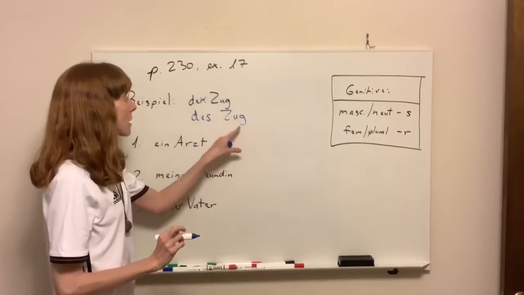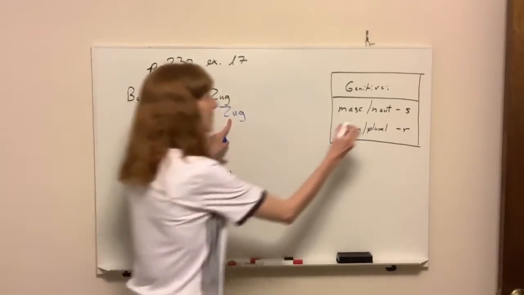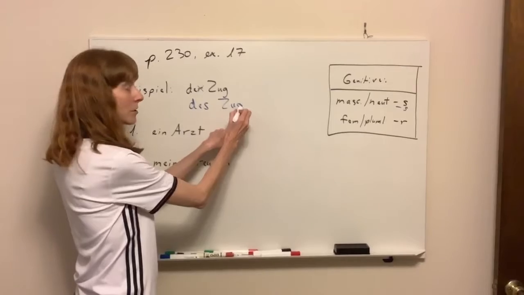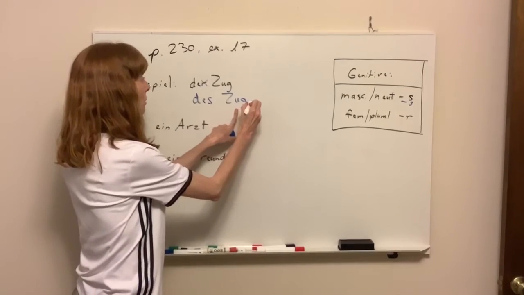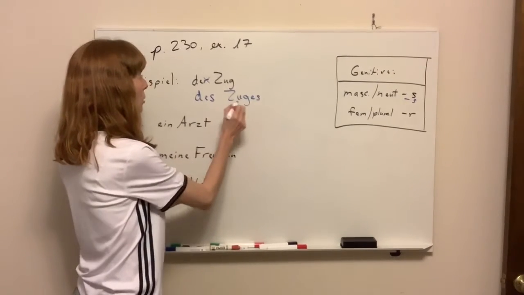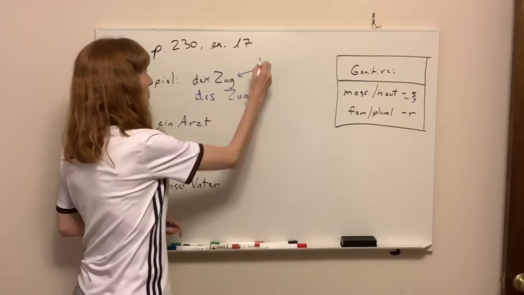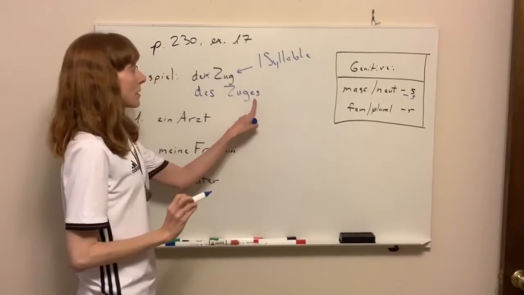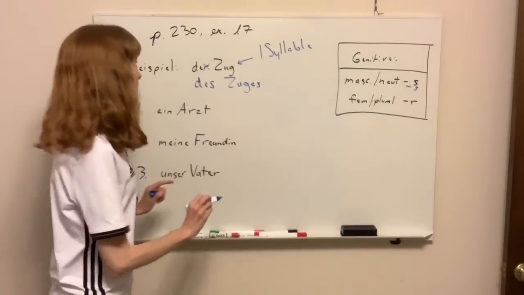Now, with genitive case, if it's masculine or neuter, it gets an extra S at the end. This one's also one syllable, so it gets an extra ES so that we can make it two syllables. So just remember, if it's masculine and one syllable, you have to add an extra ES.